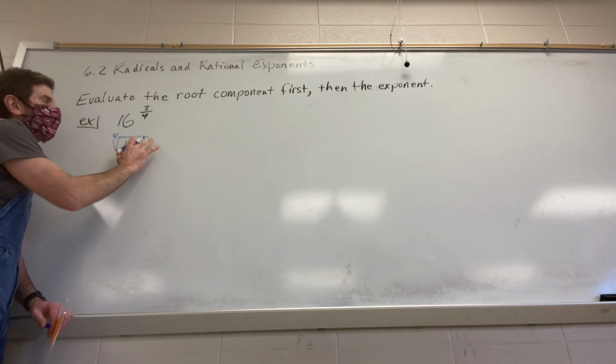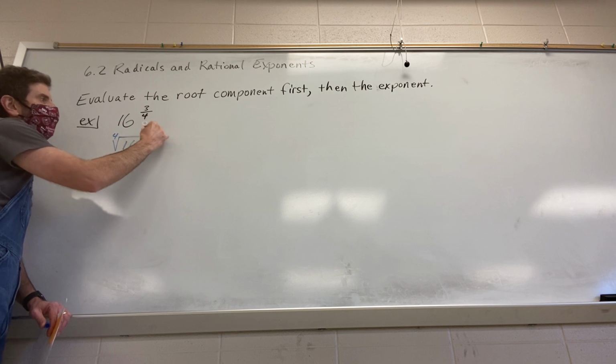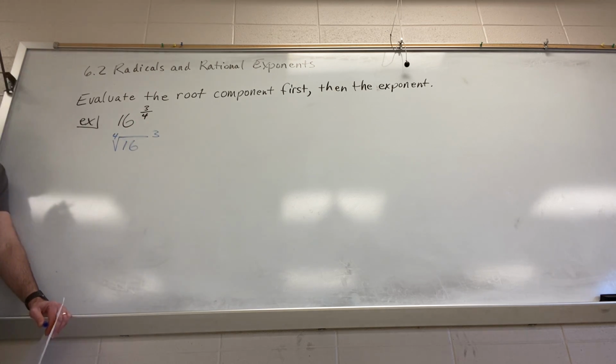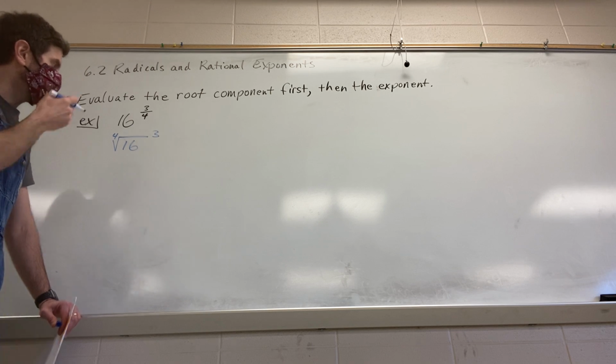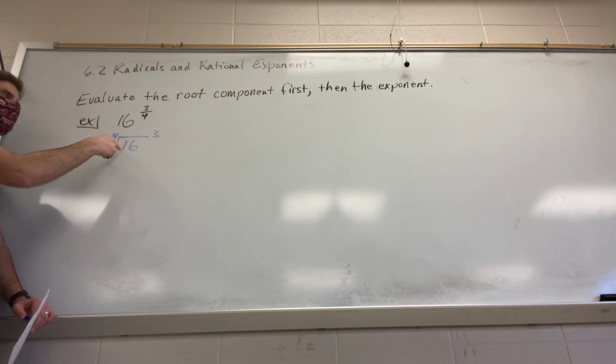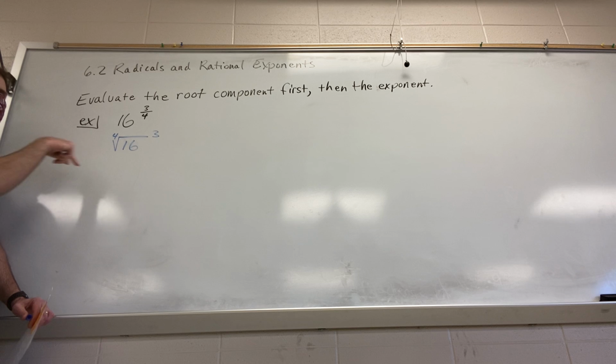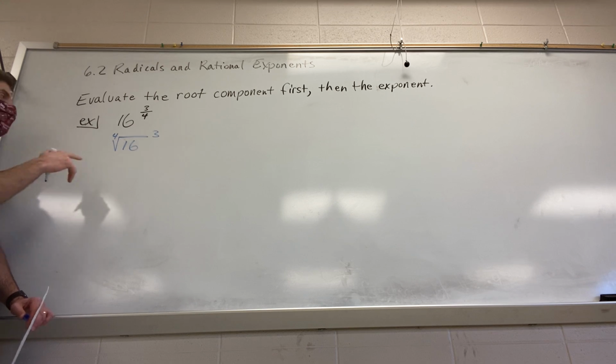Now, but I suggest doing the root part first, because that'll get you a smaller number before you do the exponent, that makes it a big number. So it just keeps things more manageable. I'm hoping you guys can figure out some of these without your calculator.